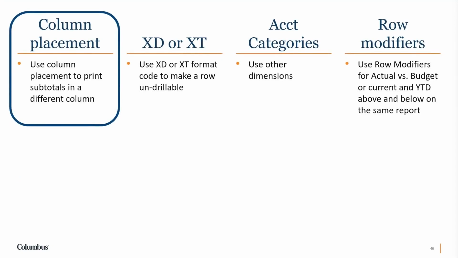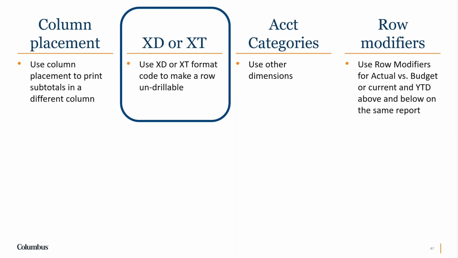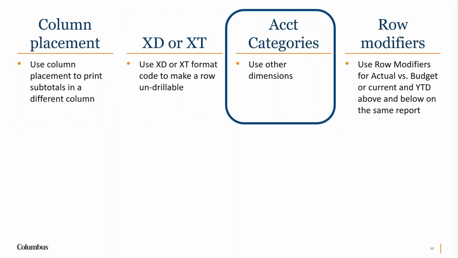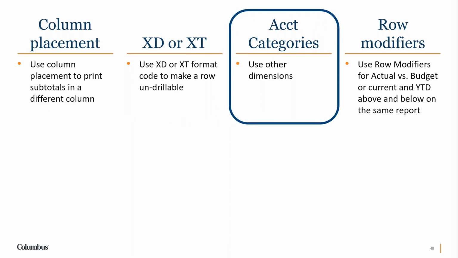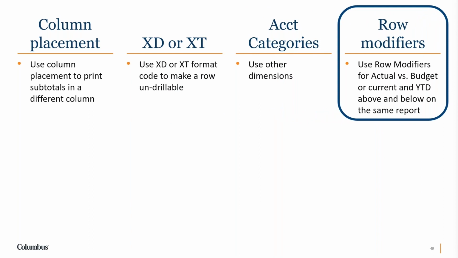We're going to do that by talking about column restriction attributes to control column values print for a particular row, using a format code to make a row undrillable, options for using other dimensions to code a report, and then how to use the row modifiers to make different ledgers or timeframes display in a row instead of a column.